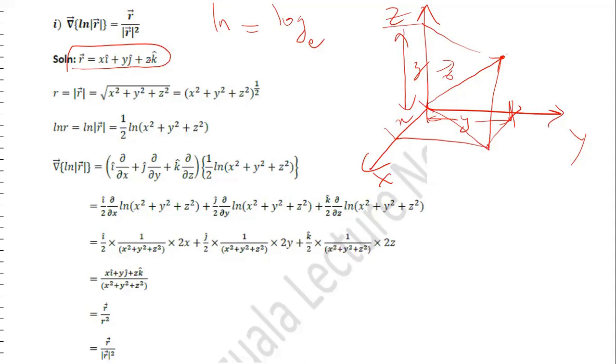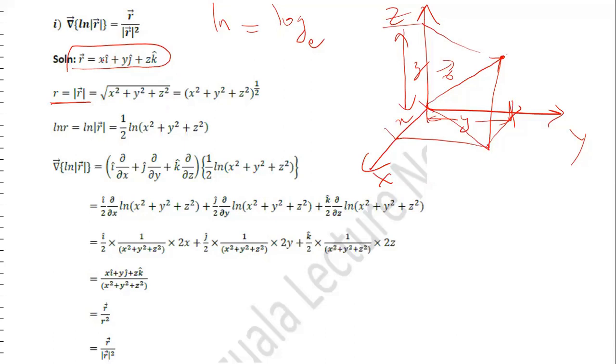Whenever you simply write r without any vector sign, that represents the magnitude of the vector r. The magnitude of the vector r is square root of x square plus y square plus z square, without the unit vectors.